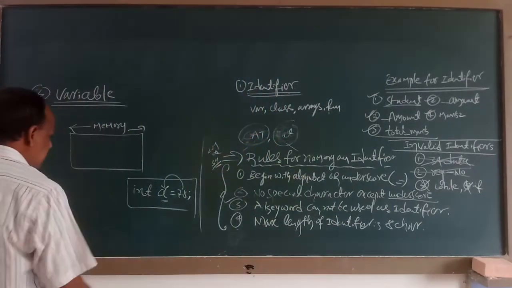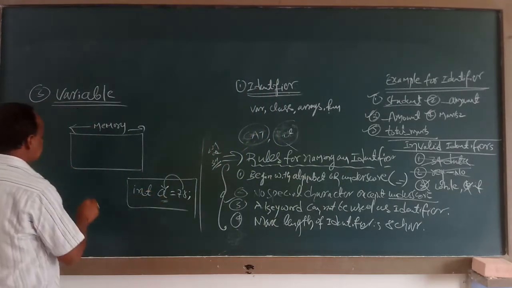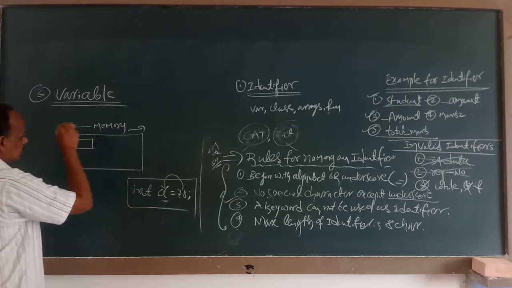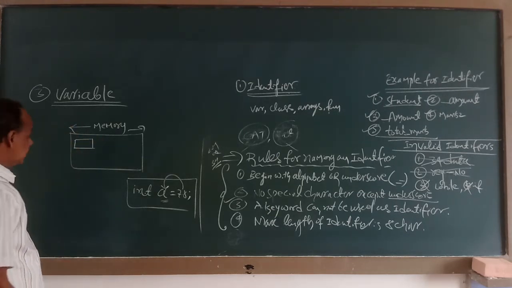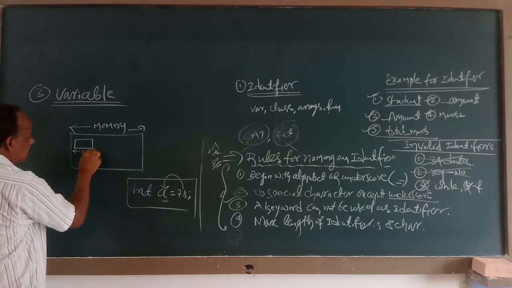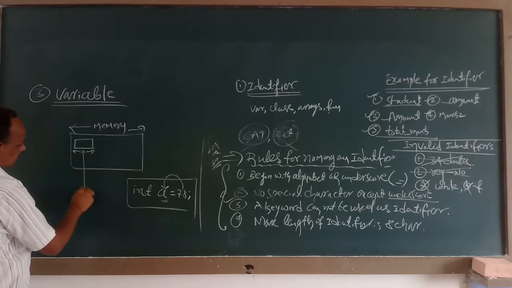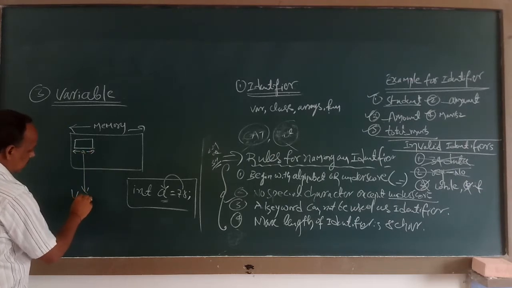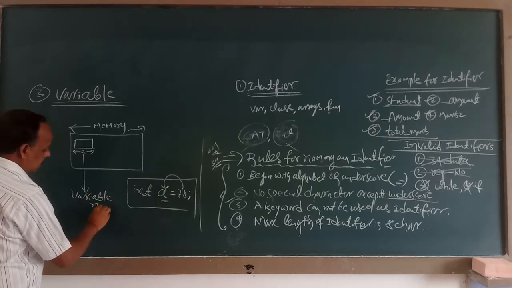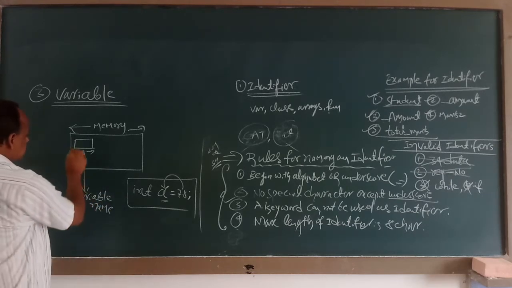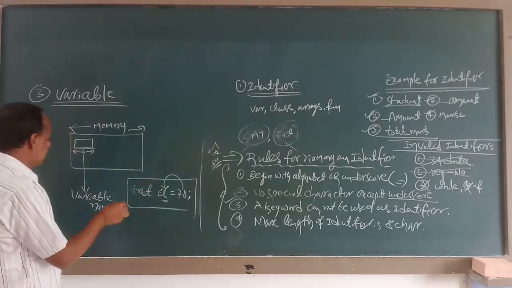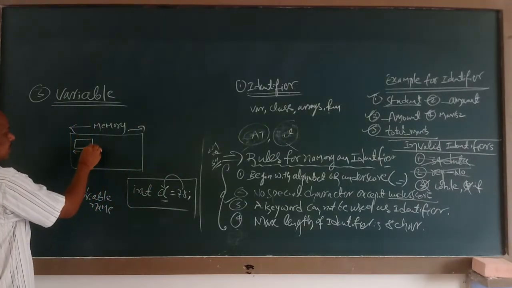When we declare a variable int a, a memory location is allocated for that purpose, right? This memory location is identified by the variable name. So here, a is the variable name. Whenever we declare a variable, a location is allocated for that variable in memory.